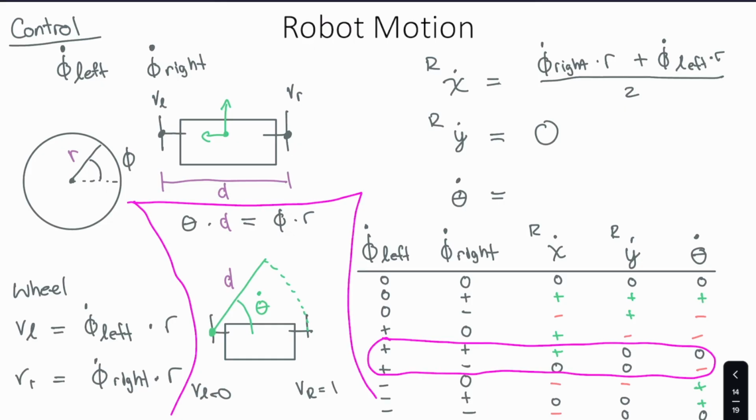So solving this for theta, we would get that theta is equal to phi r divided by d. But just like we don't really care about the exact value of phi, we don't really care about the exact value of theta. What we really care about is the change in both of those. So we can take the derivative of both sides, and that says that theta dot is equal to phi dot r divided by d.